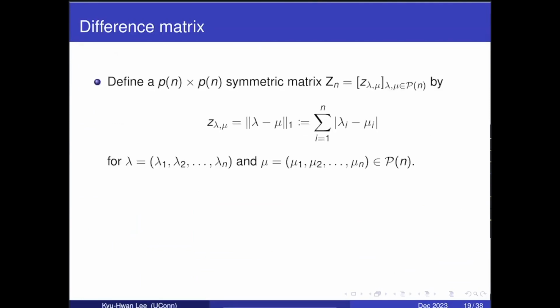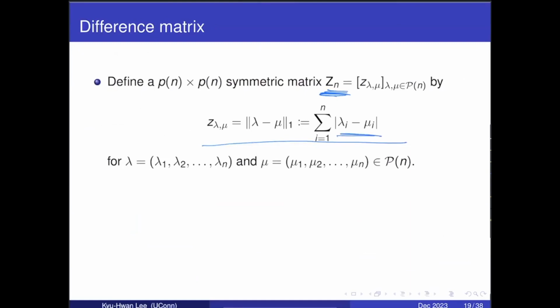Now, so far we thought about similitude. Now the opposite can also be considered, the difference between two partitions. So we consider this matrix Zn. The entries are defined in this way. Literally, it measures the difference between two partitions.